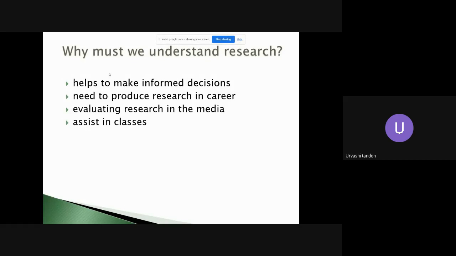And someone may need to produce research in their career or evaluate research in the media. And since you're all into academics, research is going to assist you in the classes, right? It's very important, because in class, when we give practical examples of research, people do listen. It's not like we say, "Okay, whatever we study in the class is not applied anywhere."